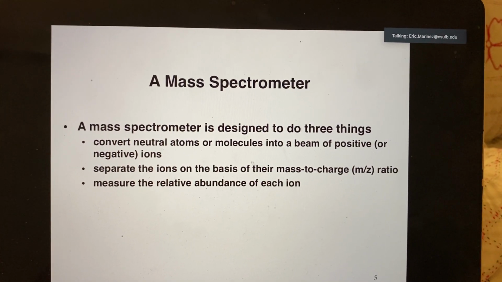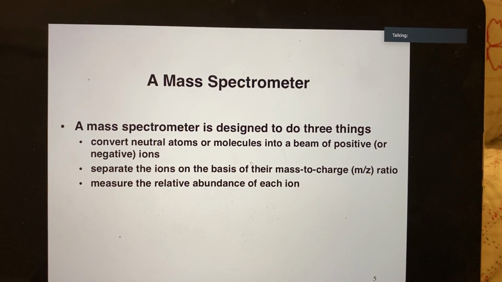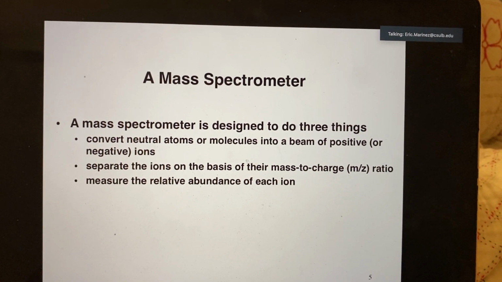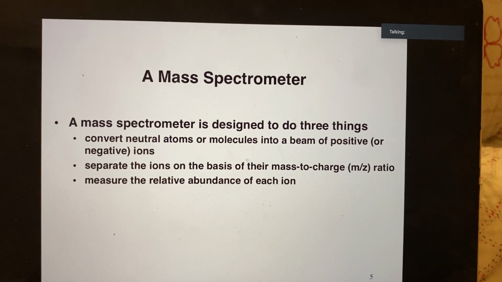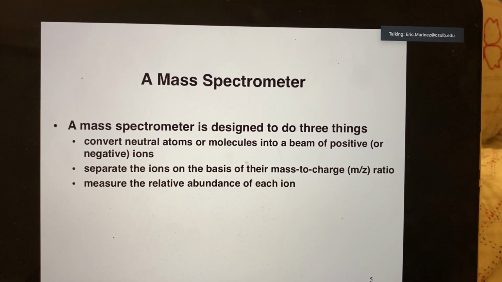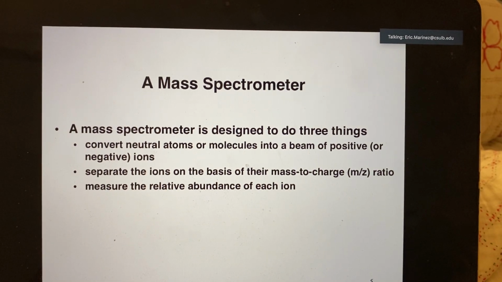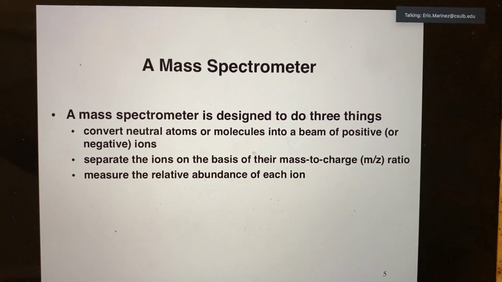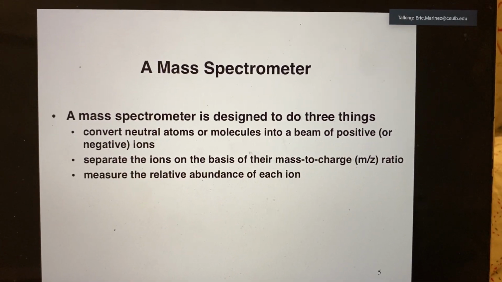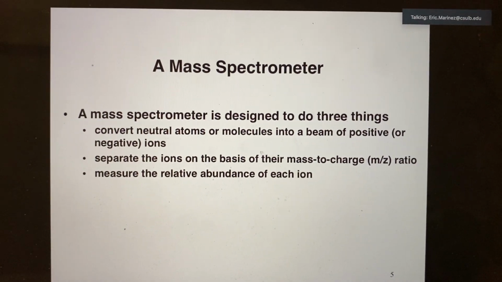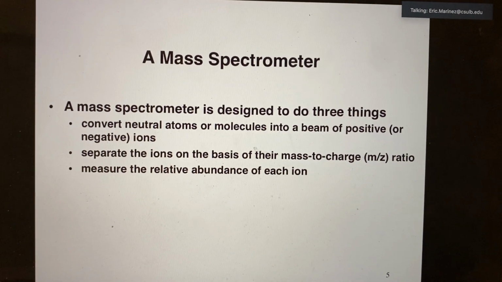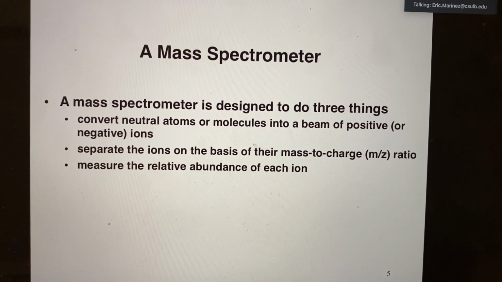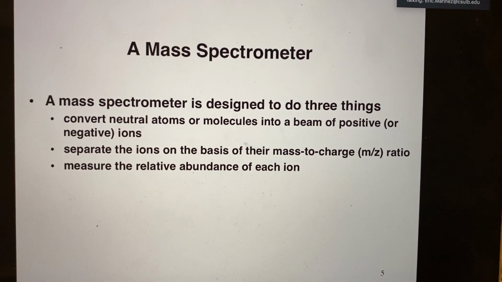So let's talk about the instrument. The instrument really tries to do three things. First, it converts neutral atoms or molecules into a beam of positive ions. I say positive ions because some faculty years ago used to do negative ions, but for the most part, from this point on, what we're going to do in this chapter is convert neutral atoms and molecules into a beam of positive ions.